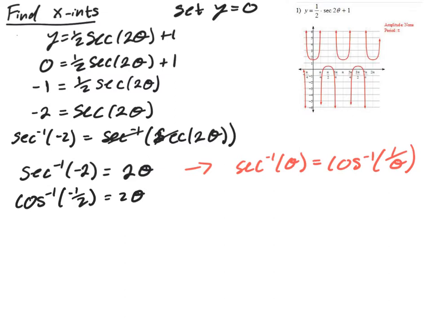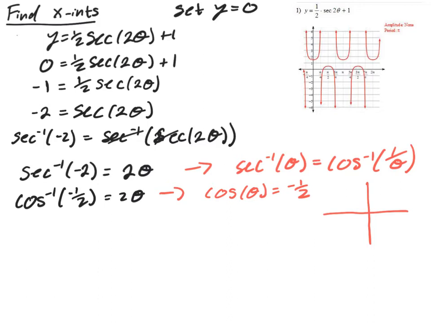In order to evaluate inverse cosine, we have to ask ourselves where on the unit circle, if I take cosine of some theta value, I get -1/2. And the answer is 2 locations. If we're thinking about our unit circle, there are 2 locations where our x value, which is cosine, is going to be negative.